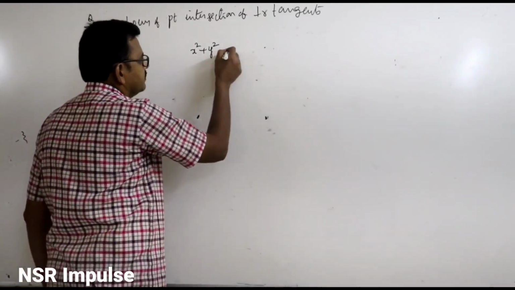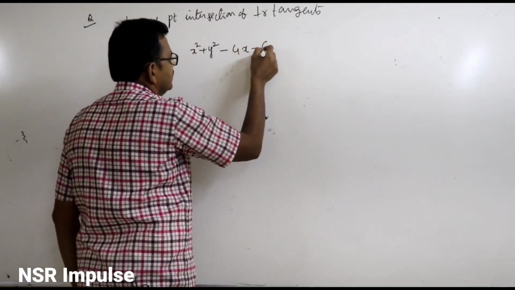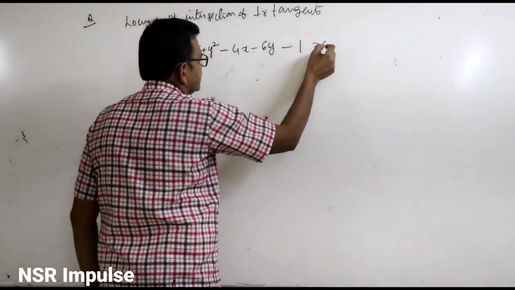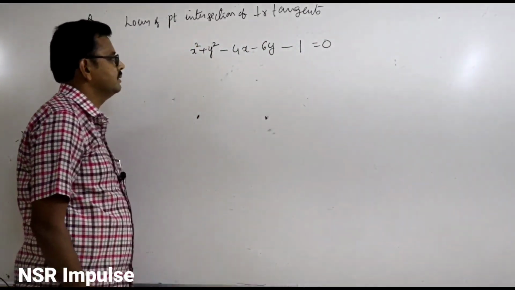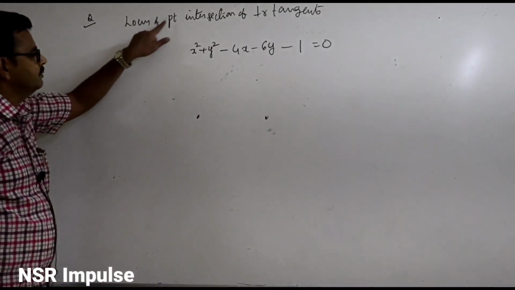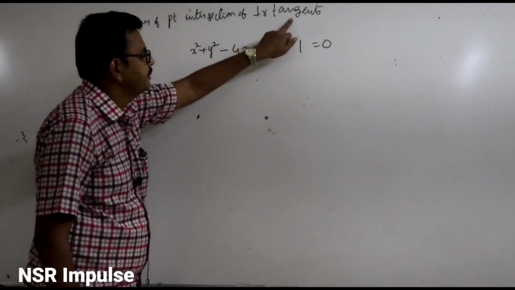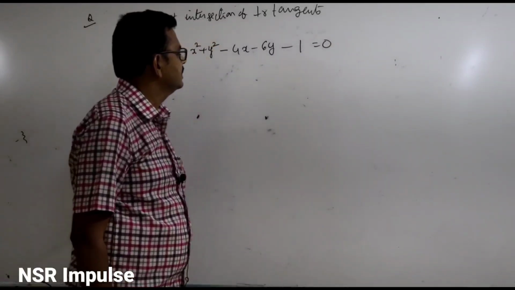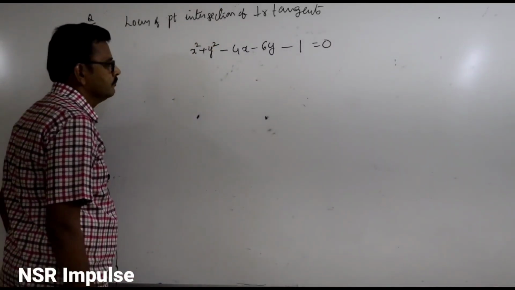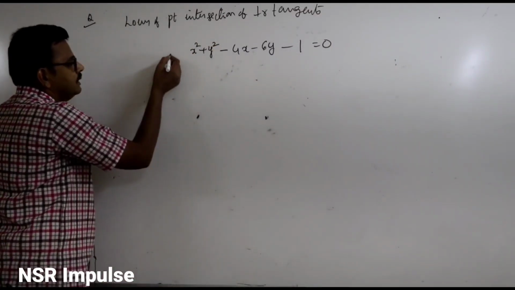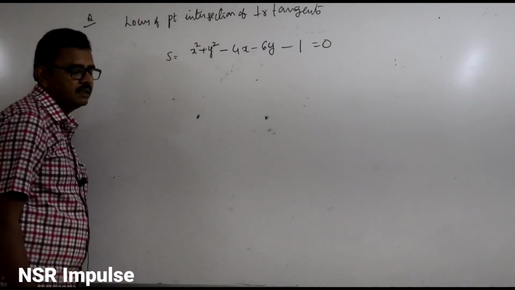Sorry, x square plus y square minus 4x minus 6y minus 1, not plus 1, minus 1. The locus of point of intersection of perpendicular tangents to the circle is what? It is nothing but the director circle.